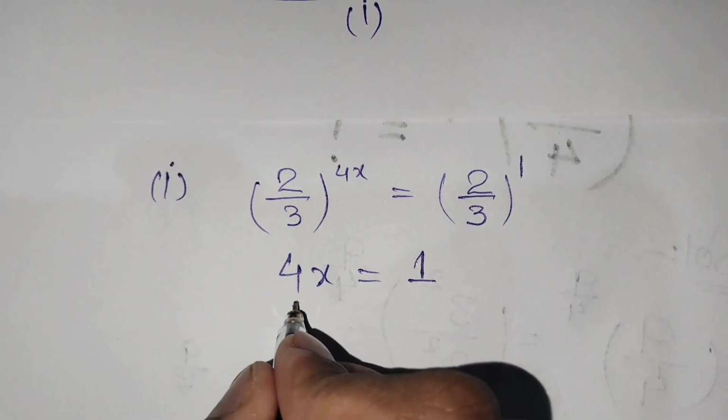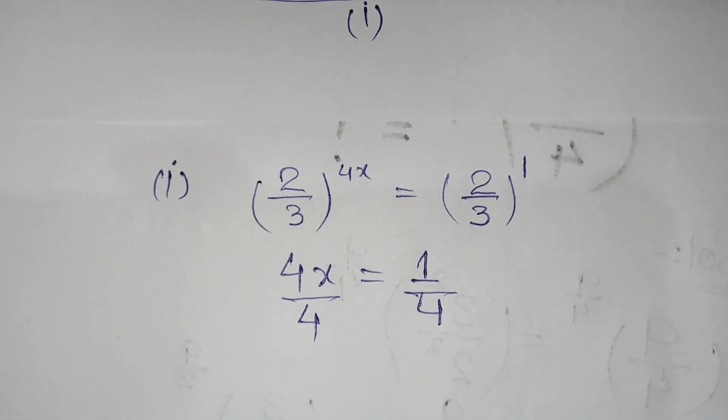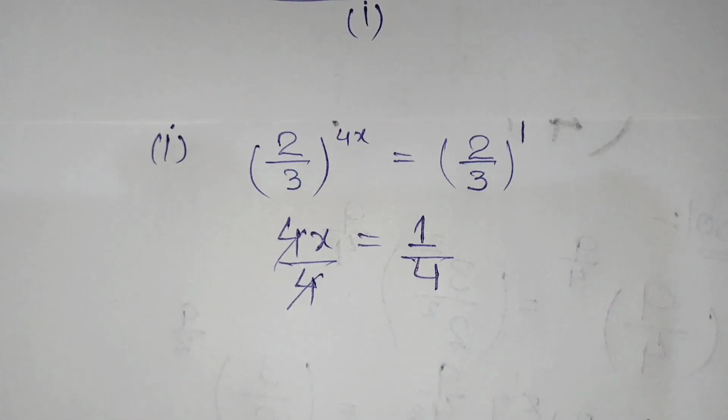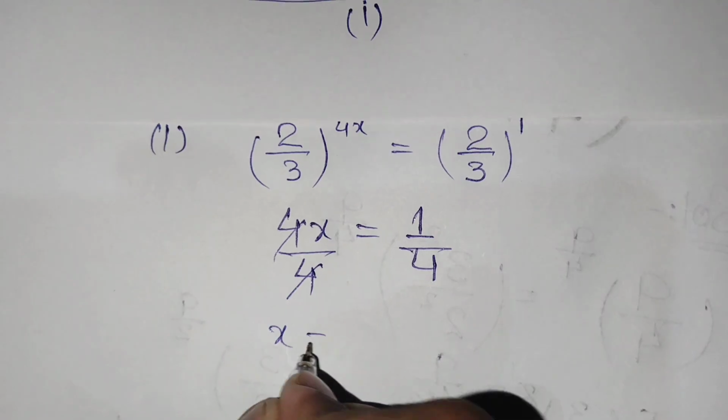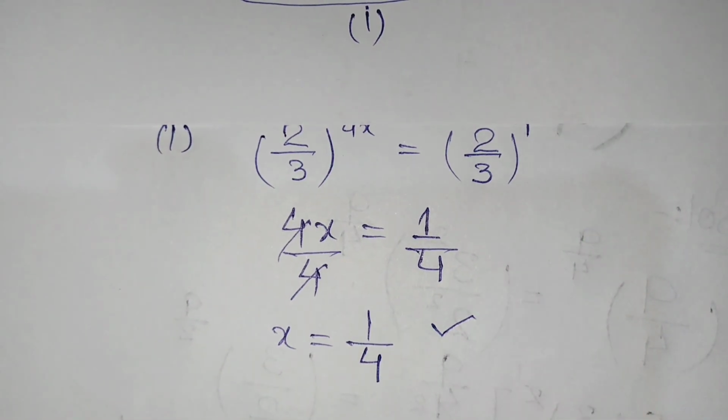Divide 4 on both sides, 4 cancels with 4. We get the value of x, which is 1 by 4 from the first case.